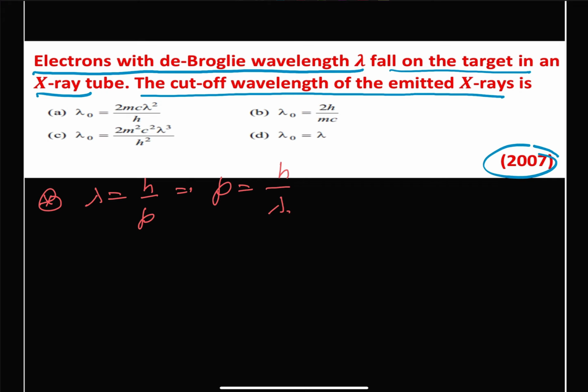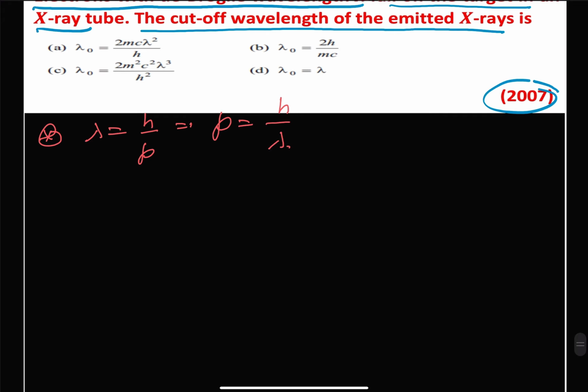And the kinetic energy of the electron, let us suppose that energy is given as E. In terms of momentum, we can write this as p square upon 2m, which gives us h square upon 2m lambda square.